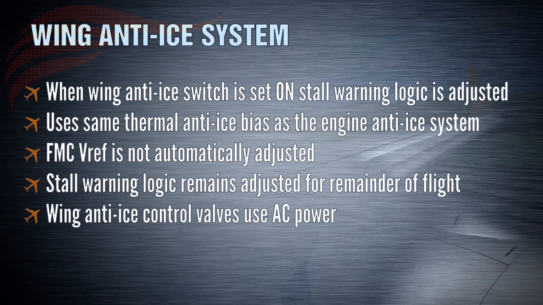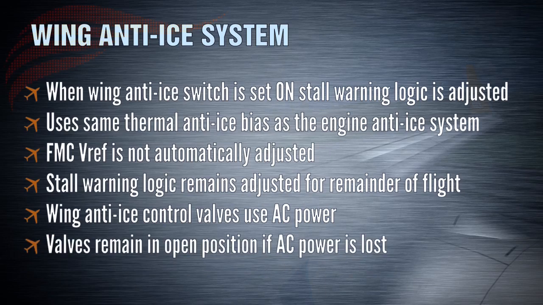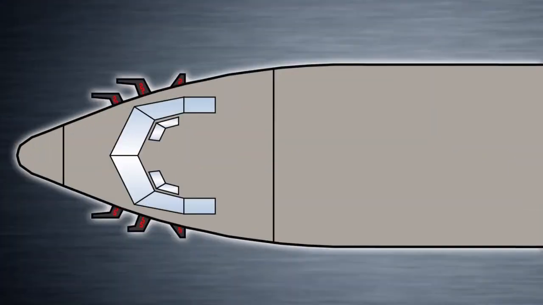The wing anti-ice control valves are AC powered and will remain stuck in position if AC power is lost. 6 air data probes on the forward fuselage are electrically heated to prevent ice formation. The captain's pitot probe, the first officer's pitot probe, the auxiliary pitot probe, the total air temperature probe, and the 2 alpha vanes.